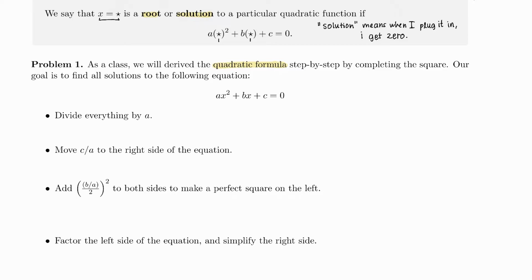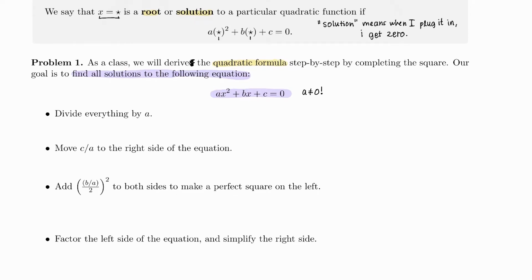We'll derive the quadratic formula step by step by completing the square. Remember that our goal here is to find all solutions to ax squared plus bx plus c, and we're assuming that a is not 0. Otherwise, we just have a linear equation, which we already know how to deal with.